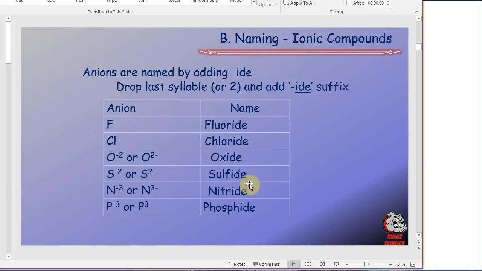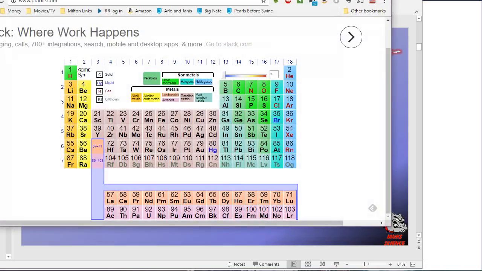Anions, on the other hand, are named using an "ide" system. What you usually do is you drop the last syllable, sometimes the last 2, and you add an IDE suffix. So fluorine becomes a -1 ion and is now called fluoride, and chlorine is chloride, and oxygen is oxide, sulfur, sulfide, nitrogen, nitride, and phosphorus, phosphide, etc. And so the ones on the periodic table that generally do that: silicon could be silicide, carbon could be carbide, germanium wouldn't do that.